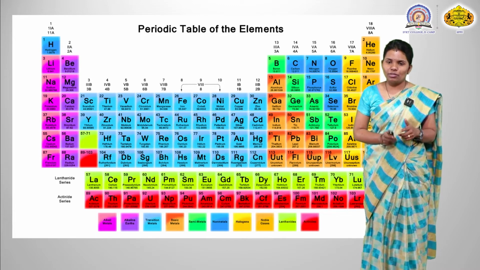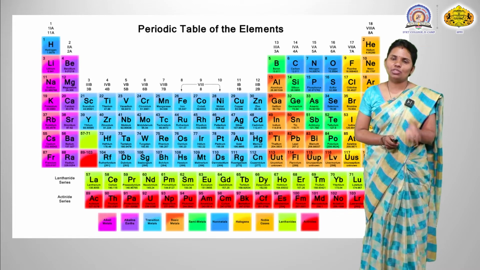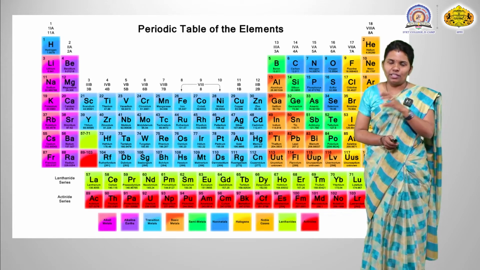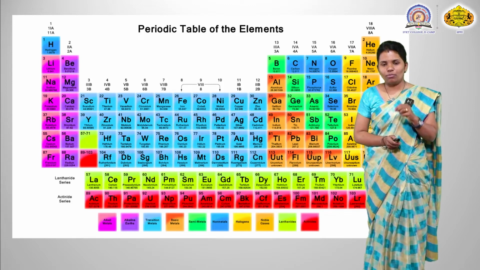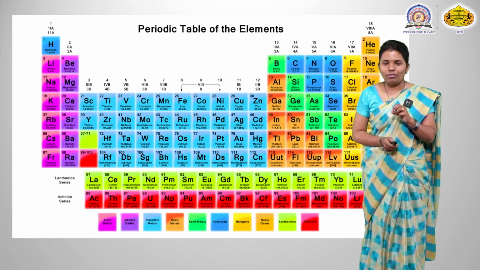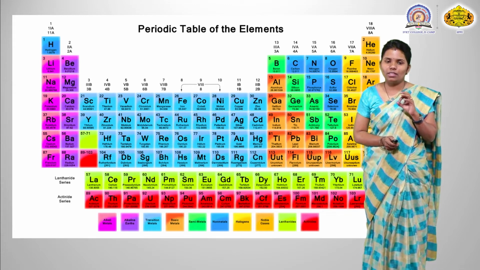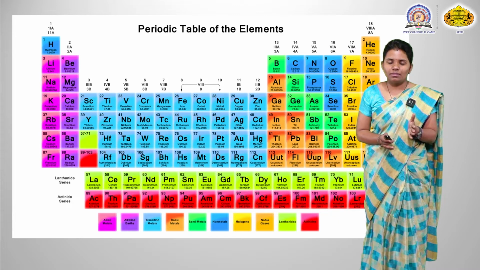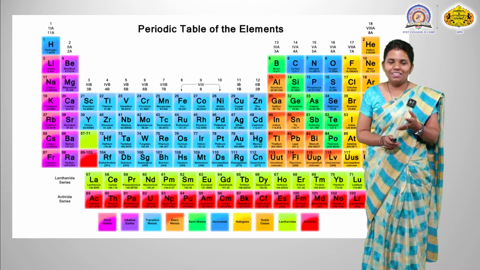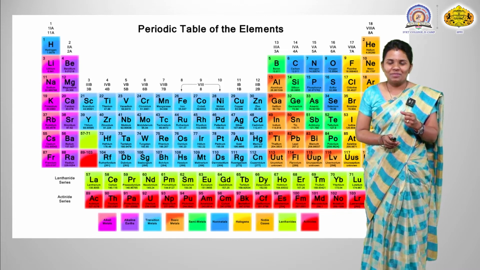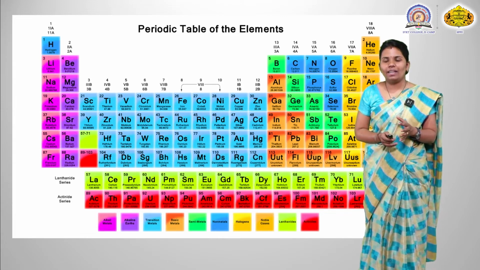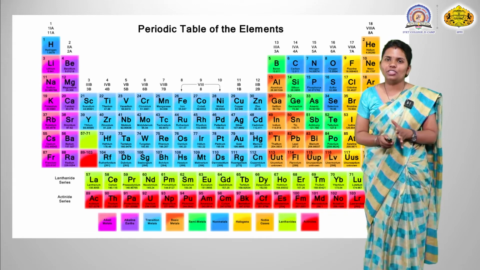As the number of electrons added into the same shell increases, the attraction between the outermost shell electrons and the nucleus increases. So, therefore, the shielding increases and because of that the atomic radius shrinks.